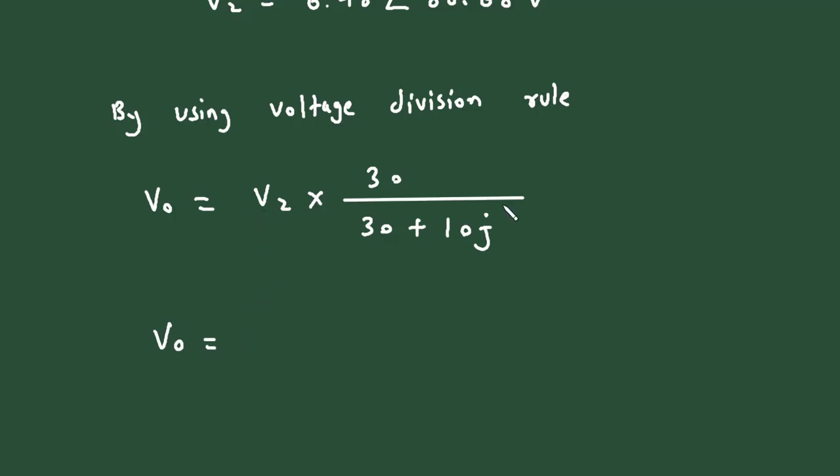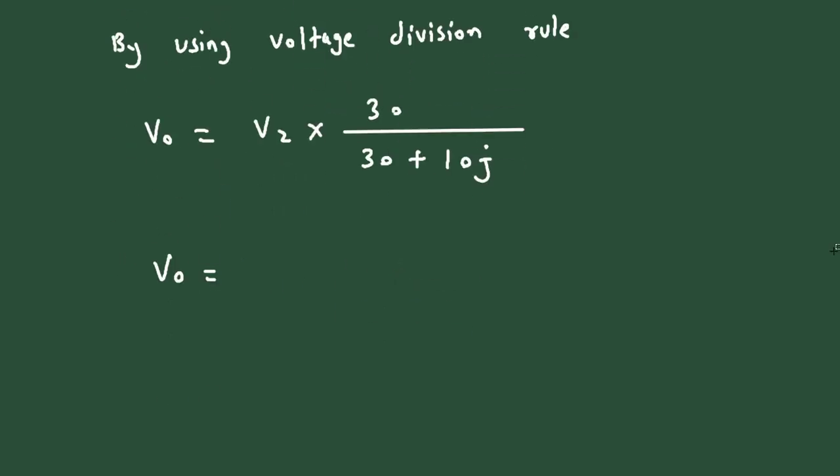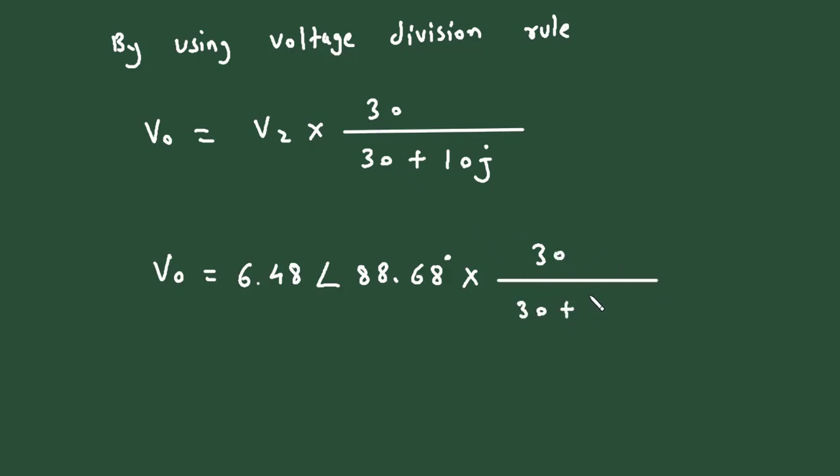So VO is equal to, we got the value of V2, it is this much. So this V2 multiplied with 30 divided by 30 plus 10j.